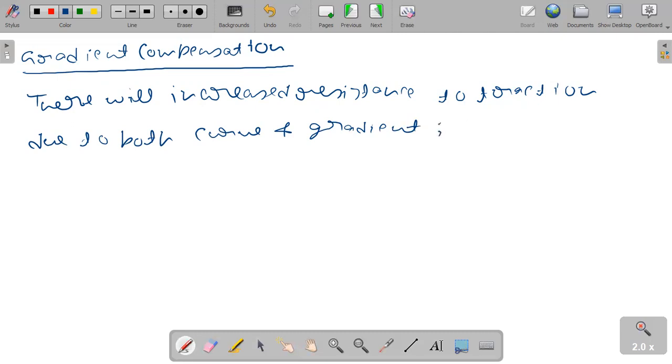So therefore it is necessary to compensate the gradient.